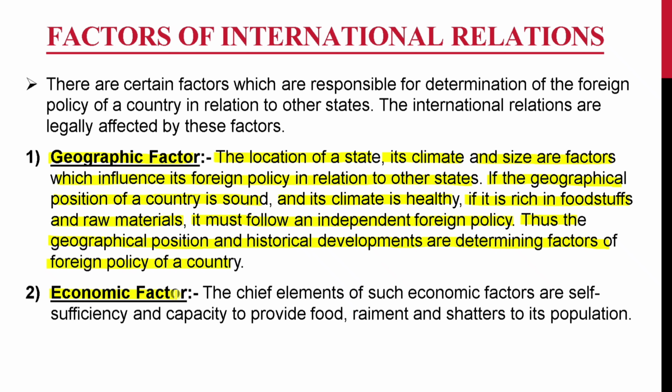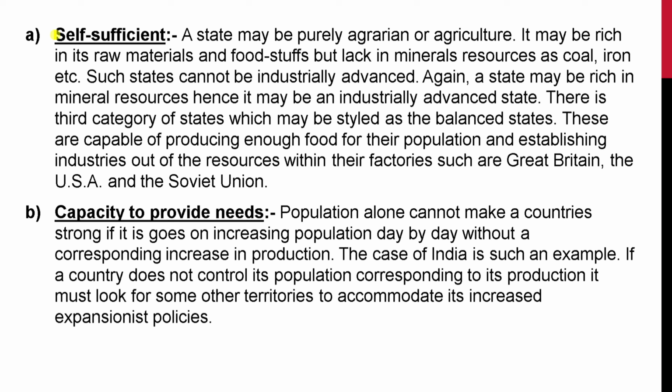Second is economic factor. The chief elements of such economic factors are self-sufficiency and capacity to provide food, raiment and shelters to its population. A. Self-sufficient. A state may be purely agrarian. It may be rich in its raw materials and foodstuffs but lack in minerals resources.